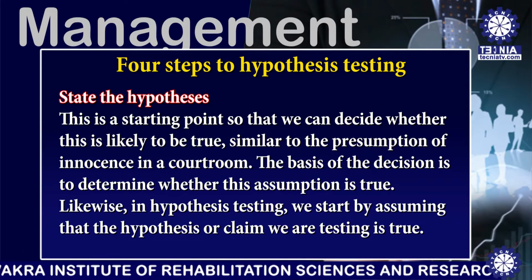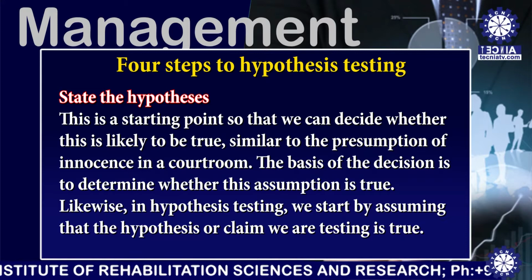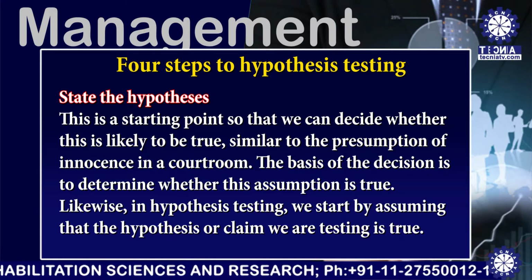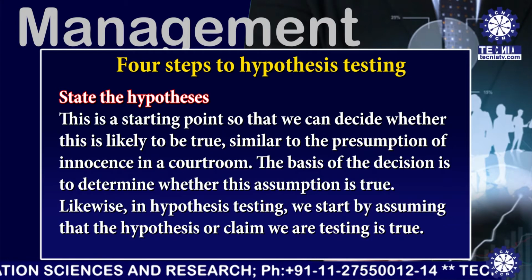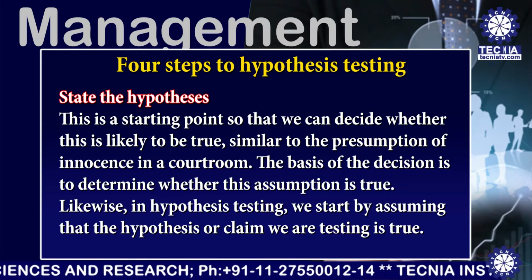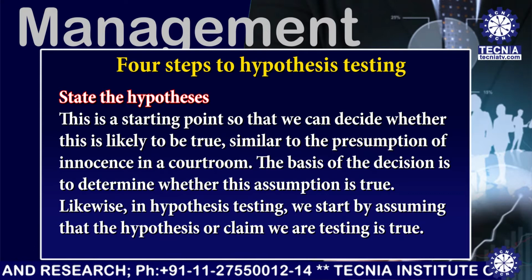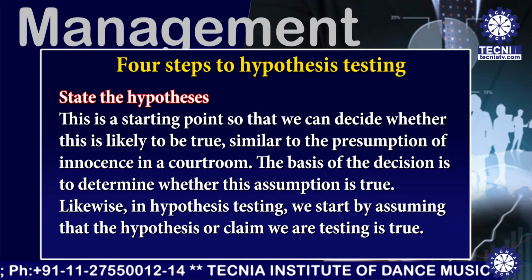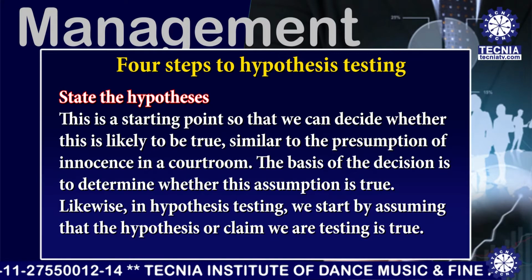Likewise, in hypothesis testing, we start by assuming that the hypothesis or claim we are testing is true. This is stated in the null hypothesis. The basis of the decision is to determine whether this assumption is likely to be true.